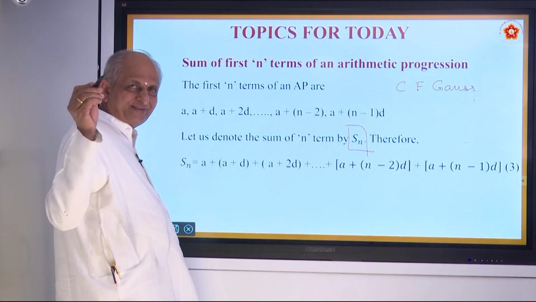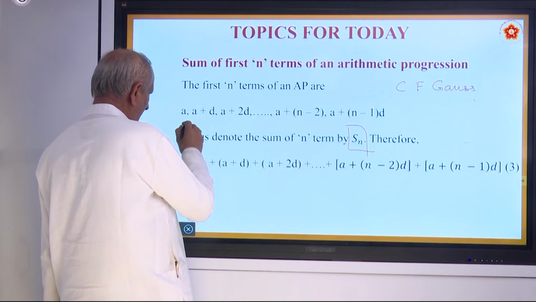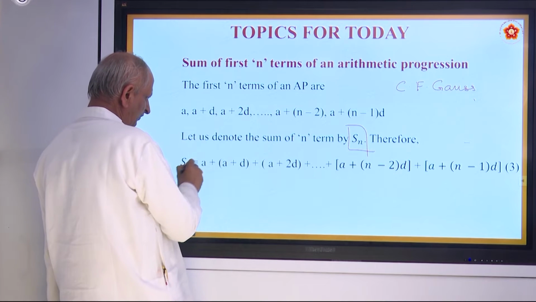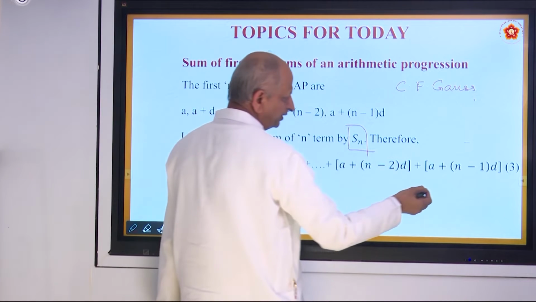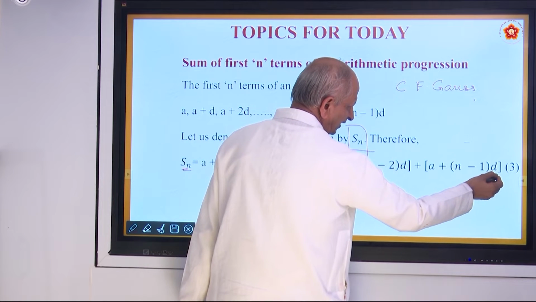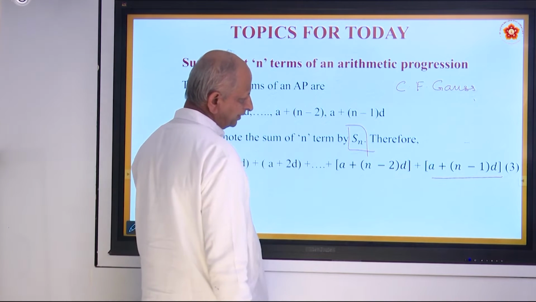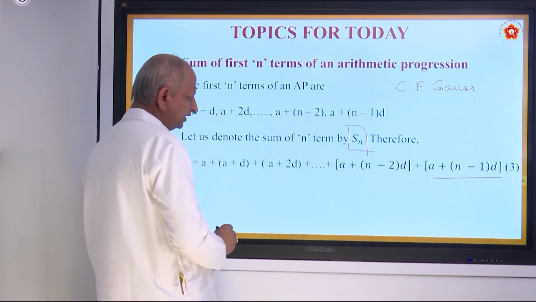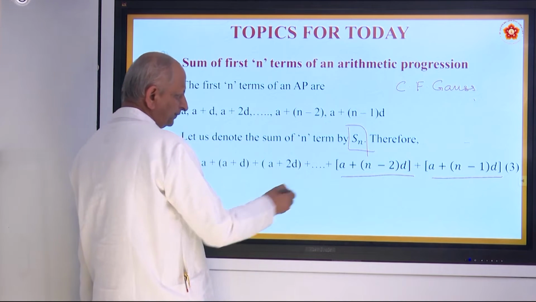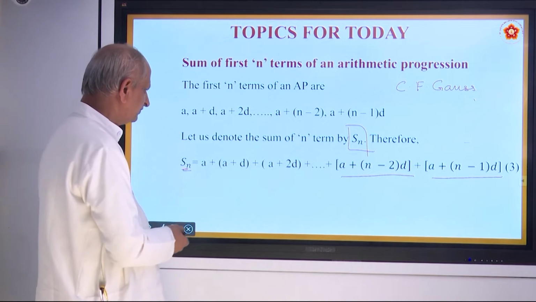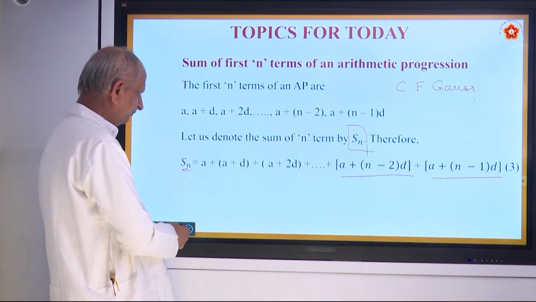If you write only commas, then that is not the sum. Here you are finding the sum. So Sn is equal to the same thing, up to the last term, a plus n minus 1 into d. The previous term is a plus n minus 2 into d, then n minus 3 into d, like that, and the first term is a.